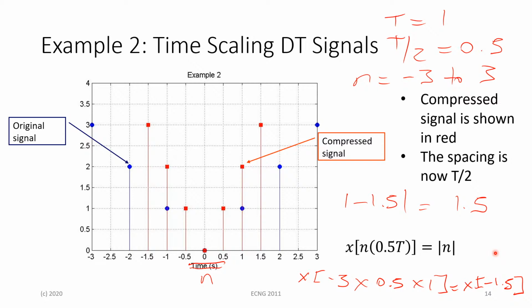So this is actually the first stage in watching what happens when we time scale. Because the first instance we observe is that, okay, instead of it being x of -3, because of the equation in the brackets here, it's now going to be x of -1.5. So we shrink by half in our x-axis.